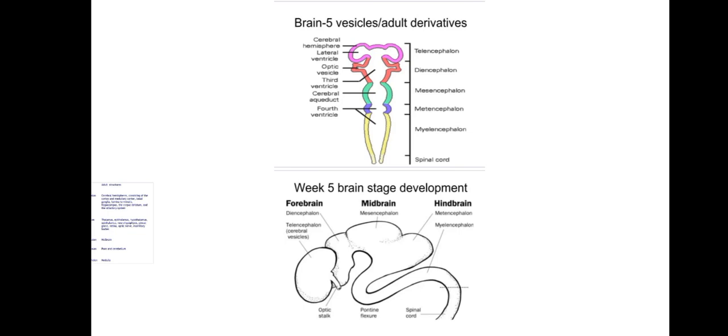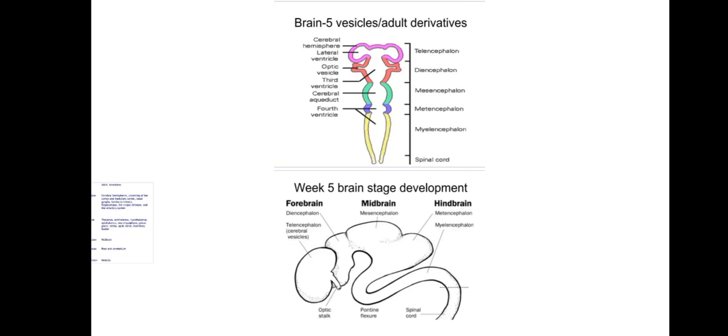Now, for purpose of understanding, let me just summarize in some 3 to 4 minutes. We've said that by week 4 of intrauterine life, the neurotube will bulge into 3 successive brain vesicles.